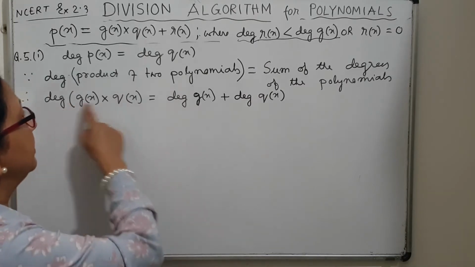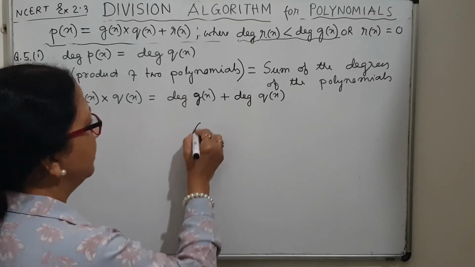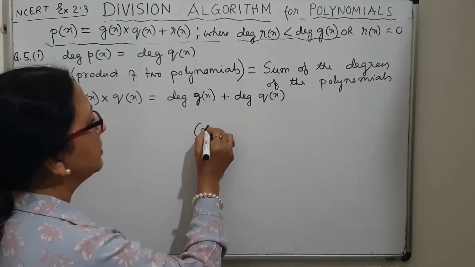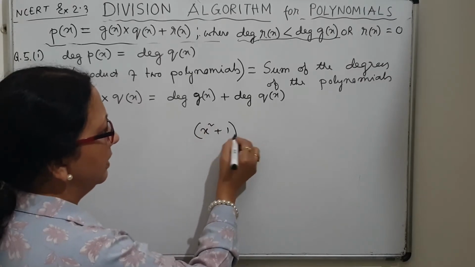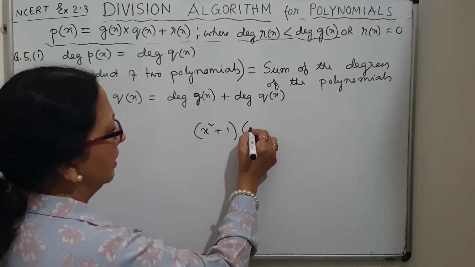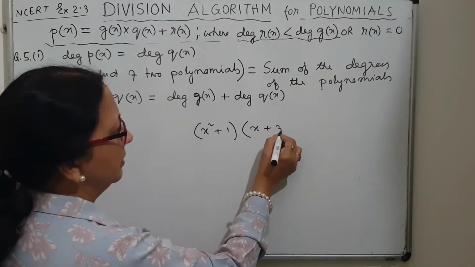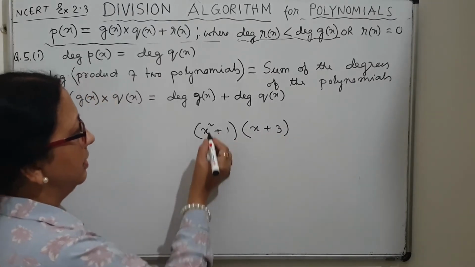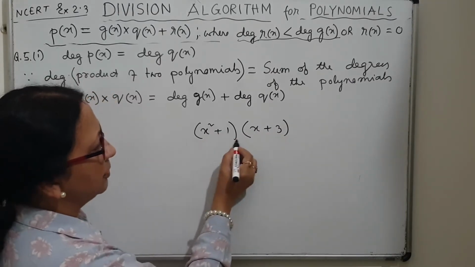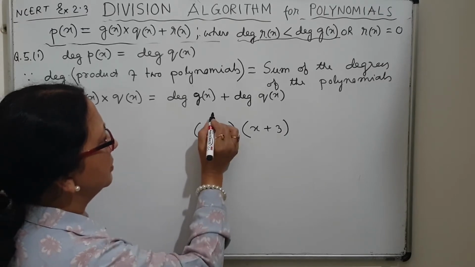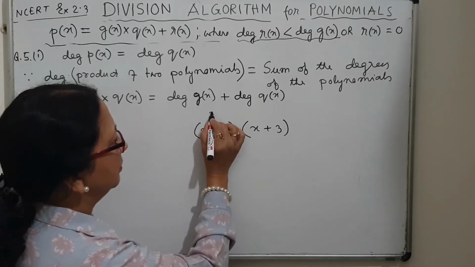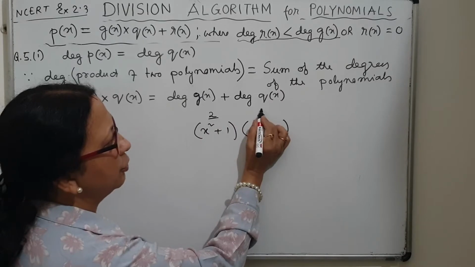If I explain this by example, suppose I take a polynomial x square plus 1, and another polynomial x plus 3. Two polynomials. What is the degree of the first? The degree is 2, and the degree of the second polynomial is 1.